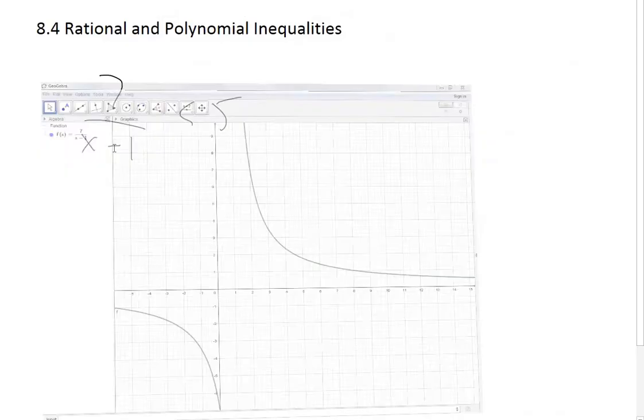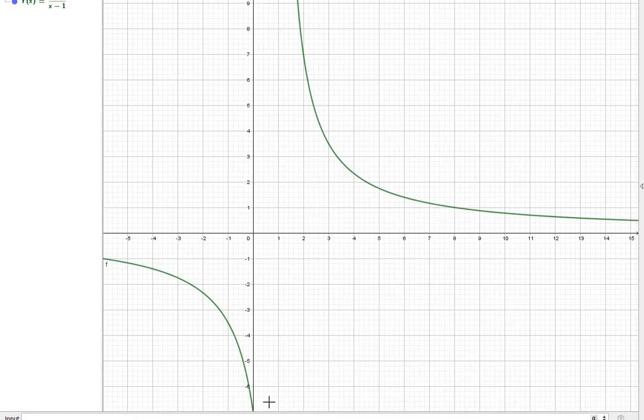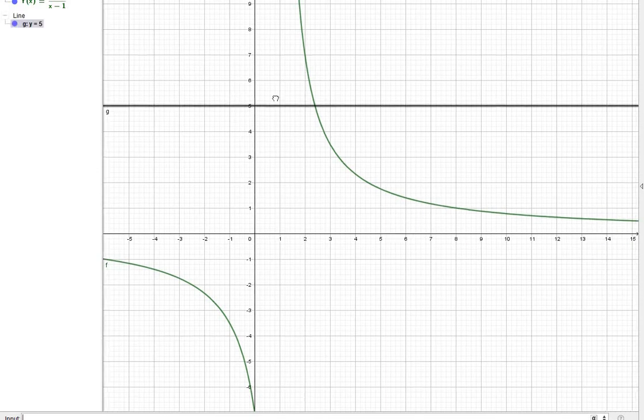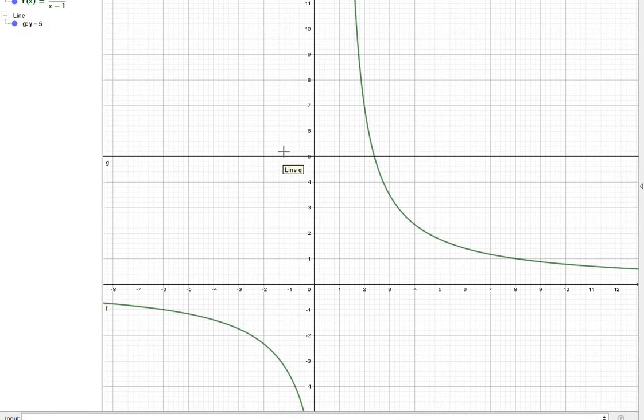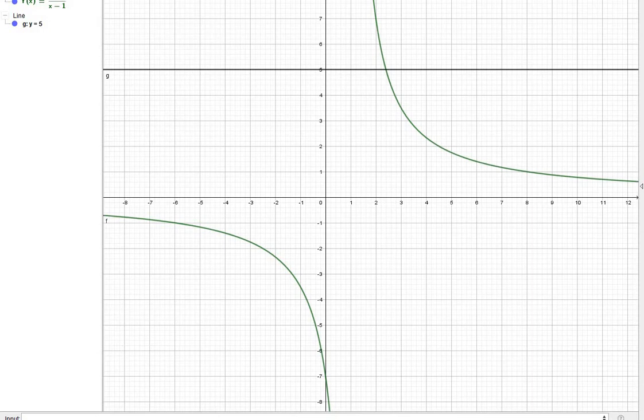what this question is asking me is, when is this rational function actually less than 5? So if I graph the line y equals 5 also, you see that this line is kind of the cutoff. I see that the rational function is above 5 on all of these x values.